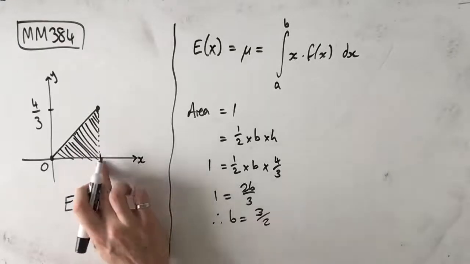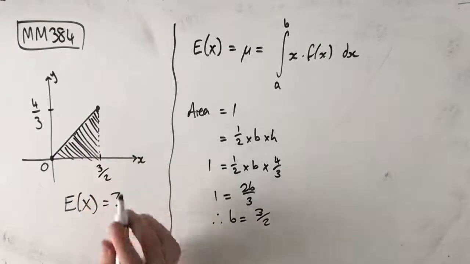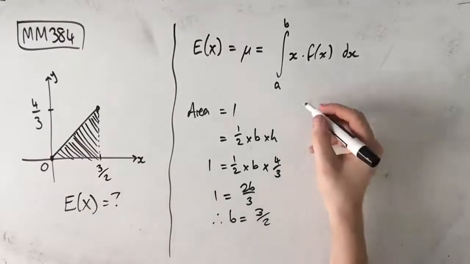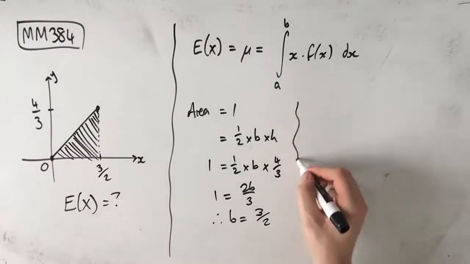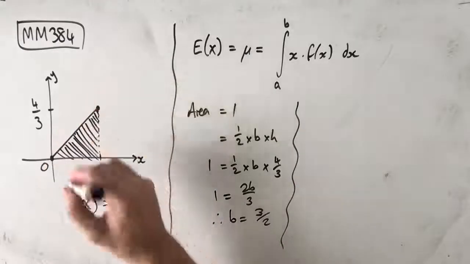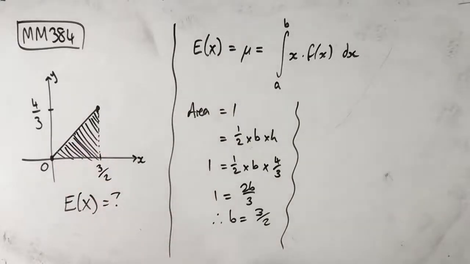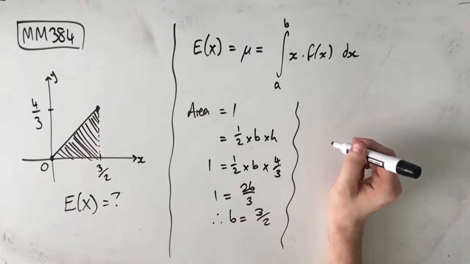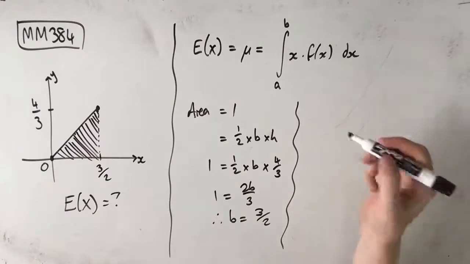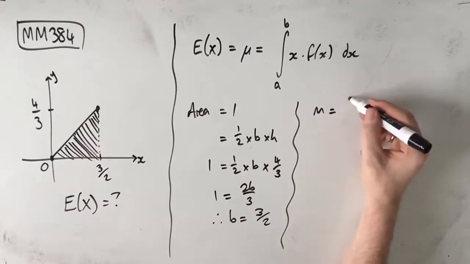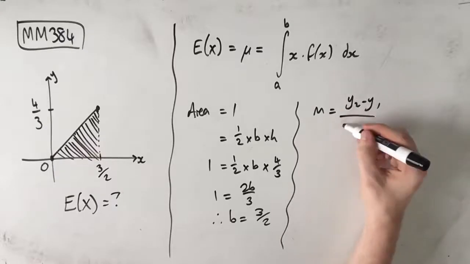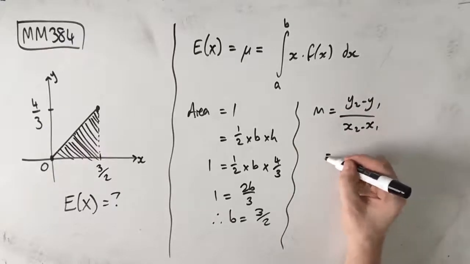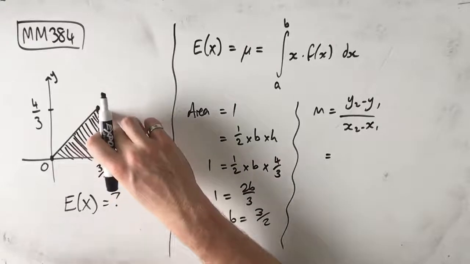Awesome. So this is equal to 3 on 2 now, which means we're actually going to be able to figure out the equation of our function, right? Because we have 2 points now, which means we're going to be able to solve for our function. So, first things first is to find out the gradient of our line, because it's a straight line. Now gradient is equal to y2 minus y1 over x2 minus x1. This is our second point.